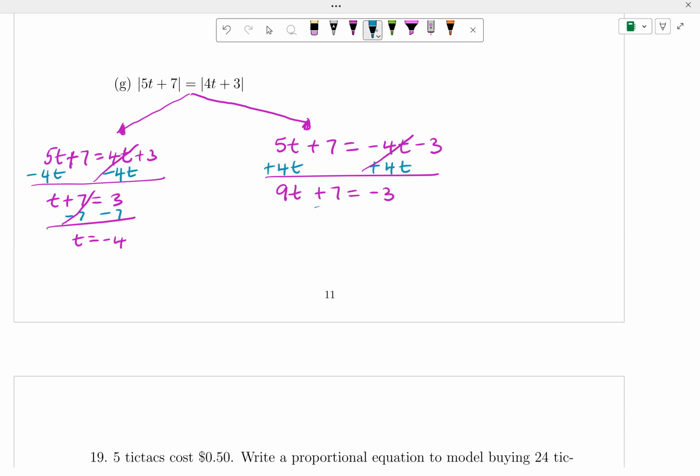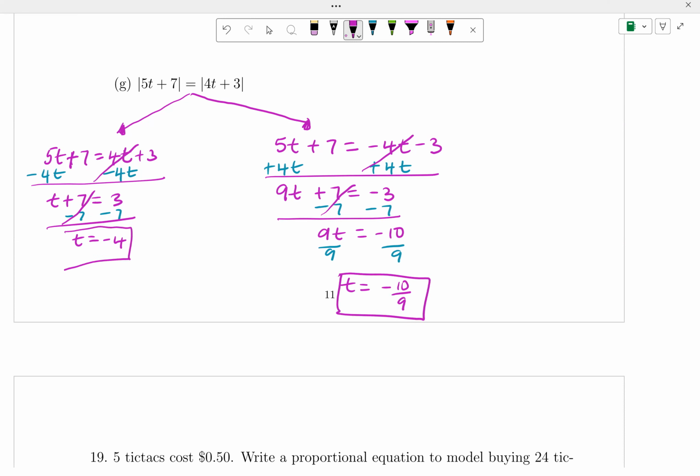Now let's subtract 7 from both sides. 9t = -10. And to get t by itself, you're going to divide both sides by 9. And now you will have t = -10/9. It's better to leave your answers as fractions rather than make them decimals. So leave it as a fraction. Those are the two answers.